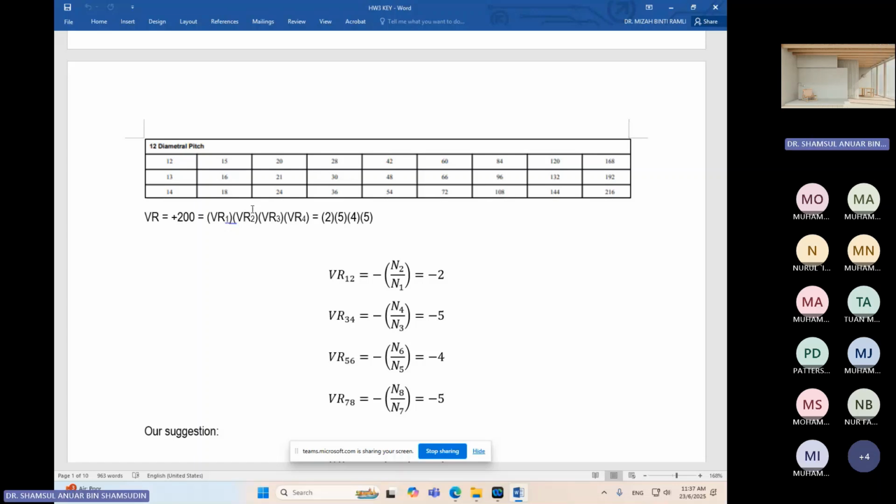So if you choose a bigger PD, maybe the size of the gear can be reduced. Okay. But if you do not want to trouble yourself, you want to say I just want to use the same PD throughout for all the gears, that's fine also. But I want you to know you have that choice.